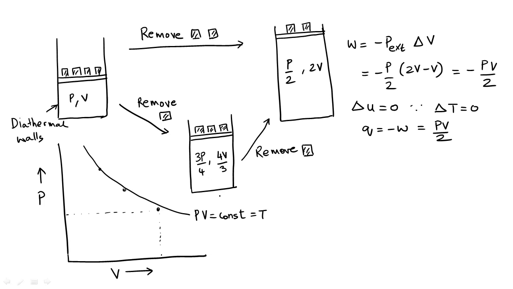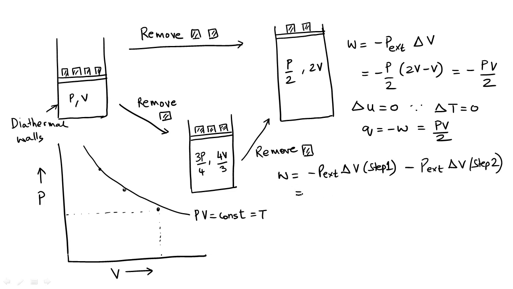Let us calculate the work done for the two-step process. W is equal to minus P external times delta V in step 1, minus P external times delta V in step 2. So we are just going to sum up the work done in the two steps.